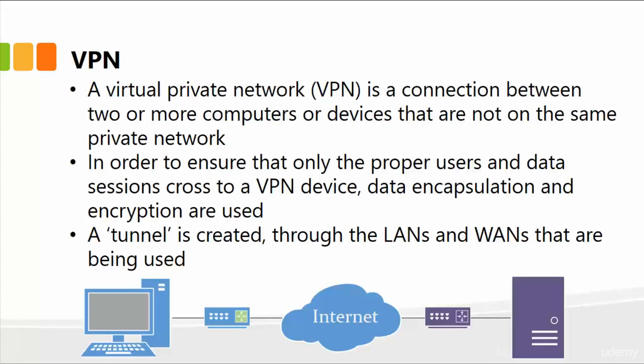And the medium being used between these two networks is the internet itself. And we are aware that the internet is public, so in order to cross the public domain, we need to have a tunnel between the two networks so that data cannot be read or intercepted by a third party.